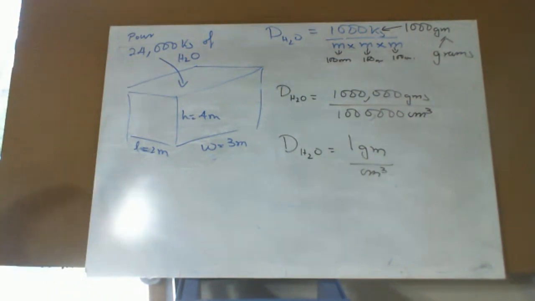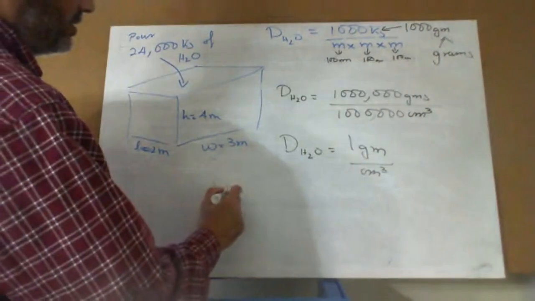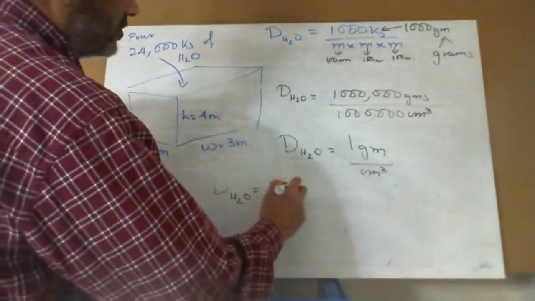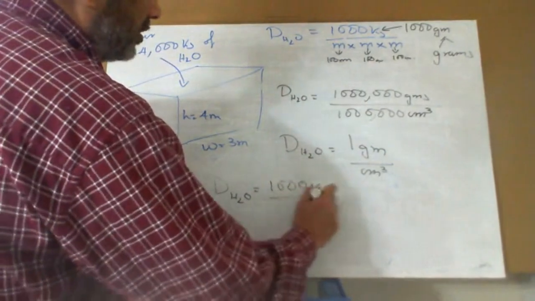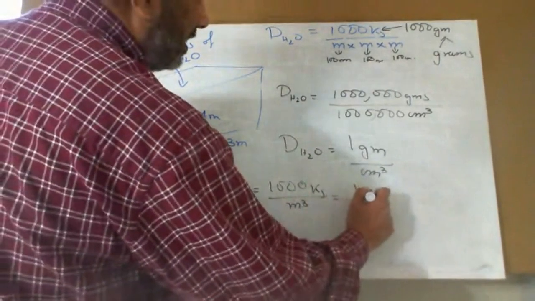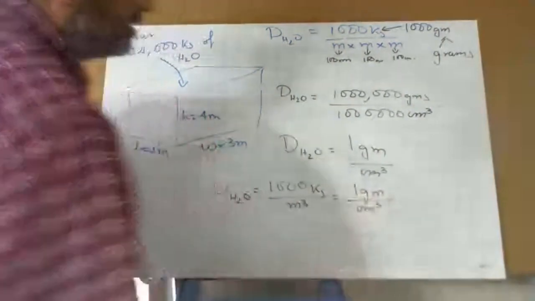All right. So 2 ways of writing the density of water. Density of water is 1,000 kilograms per cubic meter, or in units of grams, it's 1 gram per cubic centimeter.